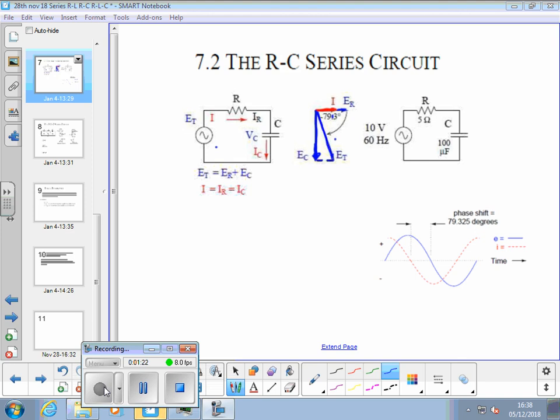And if we draw that on a time versus voltage and current diagram, in blue there we have the voltage, and then the current in red is out of phase, and it's actually leading the voltage. So current leads voltage.